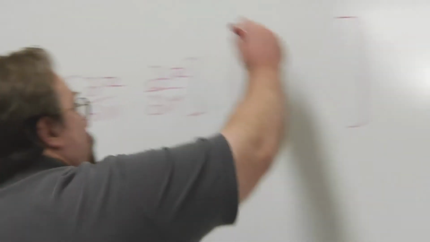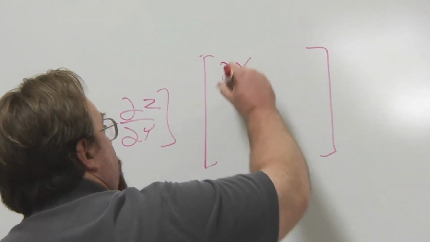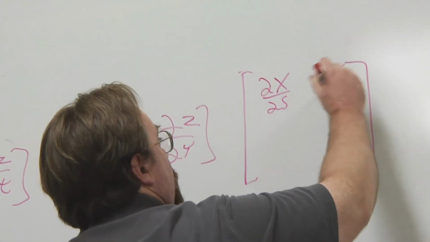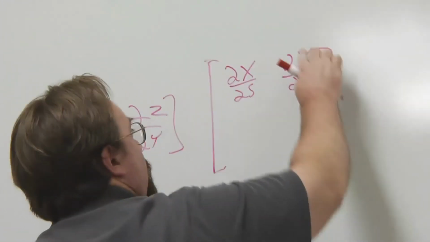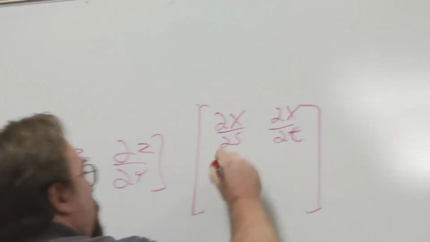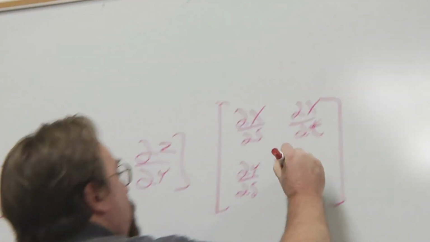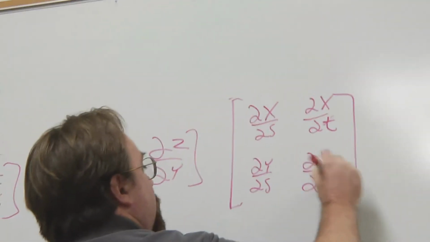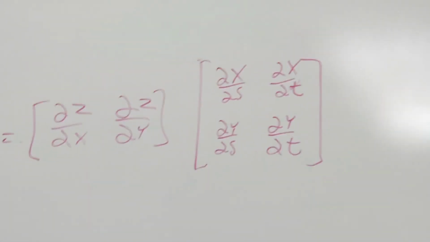So we're going to put partial of x with respect to s and t, and partial of y with respect to s, partial of y with respect to t. Right, so this is what the chain rule is saying.